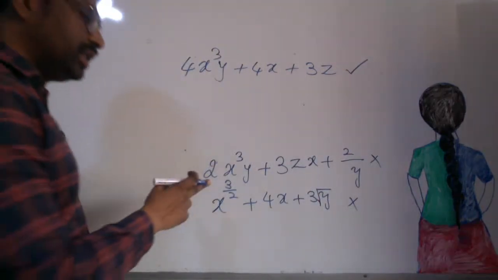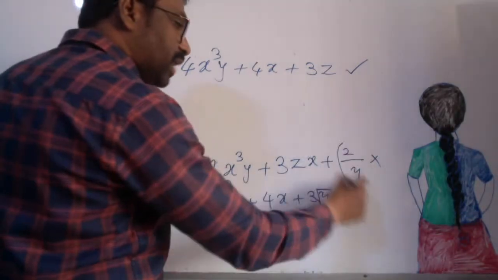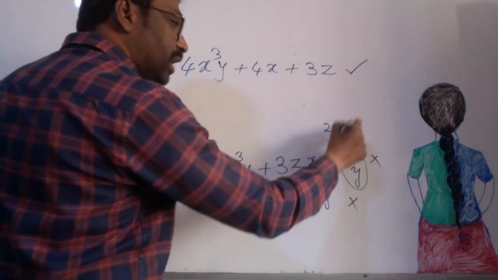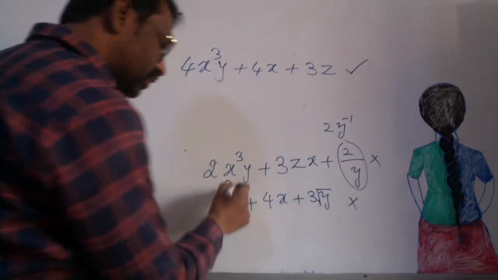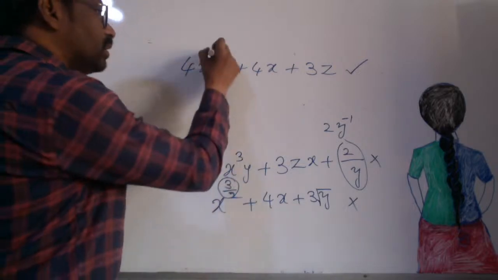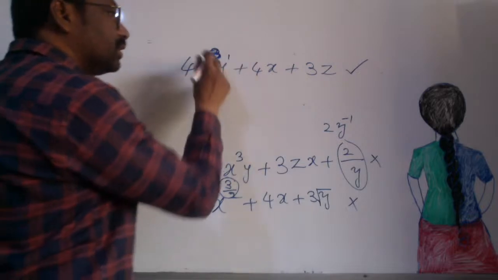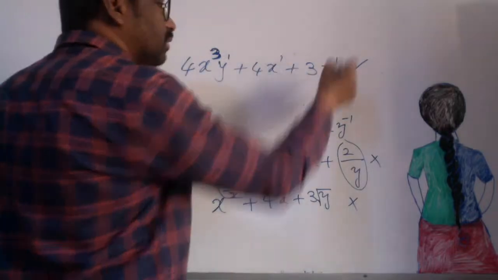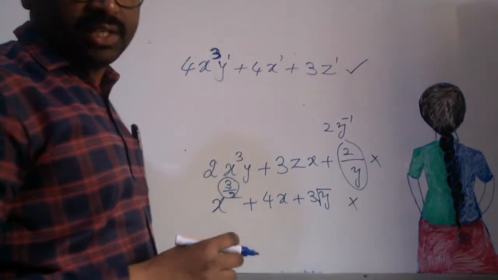What did you notice here? Here 2/y means 2 into y to the power minus 1, so the power is negative. In the second, the power is a rational number. But in the third, the exponents of the variables are 3, 1, 1, 1, which are positive integers.